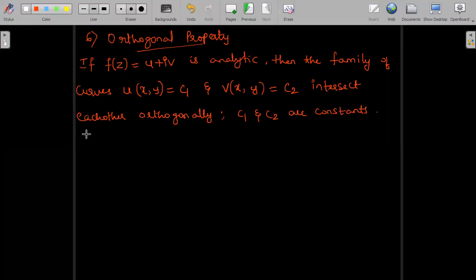Now let us do the proof of this, the orthogonal property proof. Proof for the same.